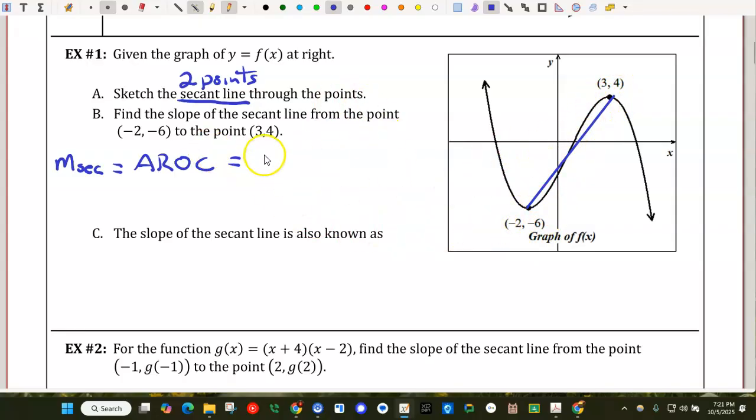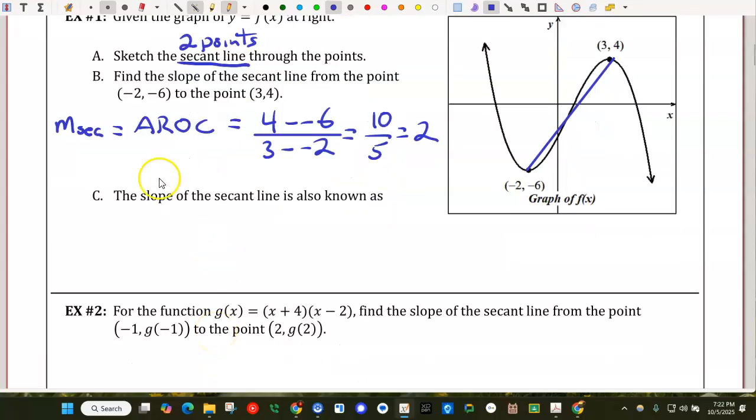So I'm going to do 4 minus a negative 6 on top, and 3 minus a negative 2 on the bottom, and simplify my answer. So I'll have 10 on top, 5 on the bottom, which just equals 2. And that's the equivalent of saying this line goes up 2, right 1, up 2, right 1. So just keep that in mind. We already pretty much know this.